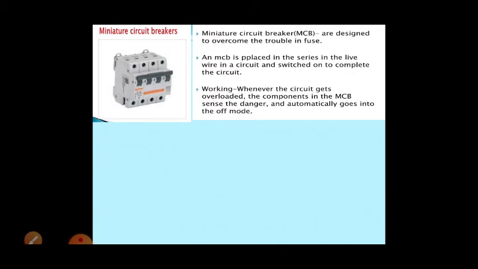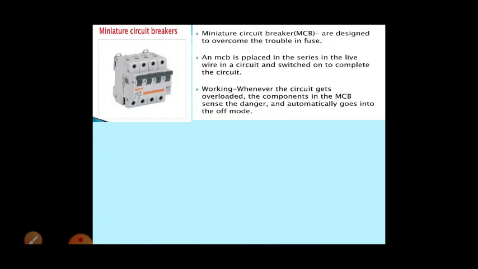An MCB is placed in series in the live wire in a circuit, and is switched on to complete the circuit. The MCB has a switch, and if we switch it on, it completes the circuit.